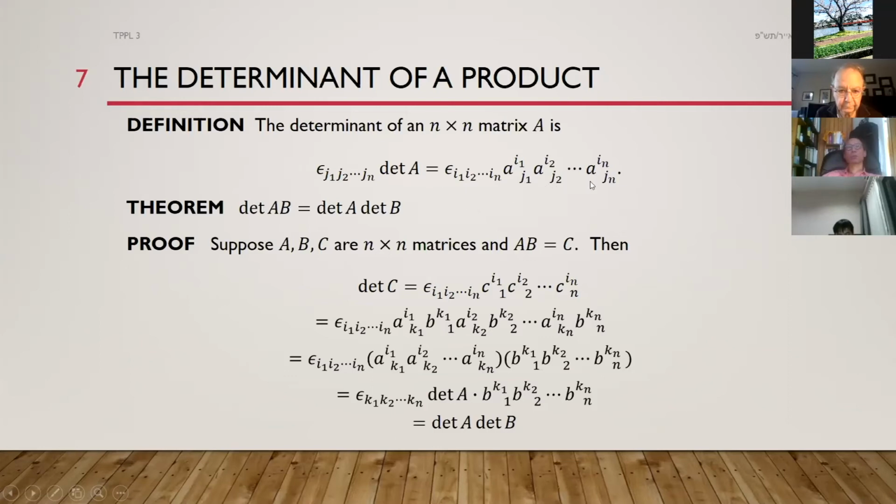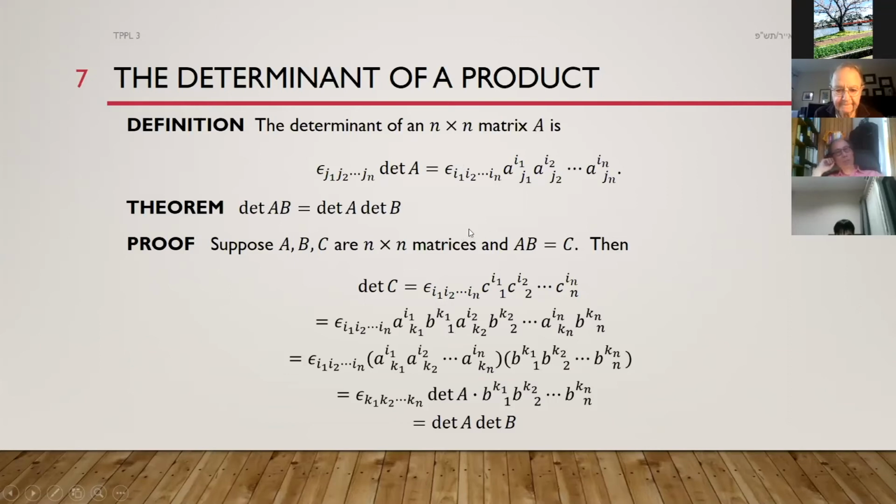But really you can use any permutation you want on the bottom, and then multiply by plus or minus 1, depending on if the permutation is even or odd. Sometimes this extra epsilon pops up, as we'll see in the proof. So it's good to know how to handle it.